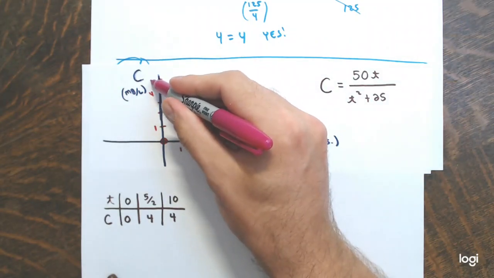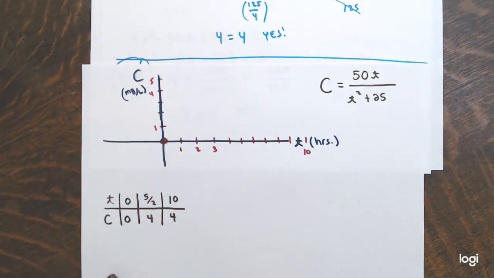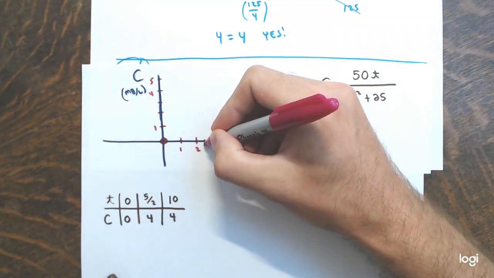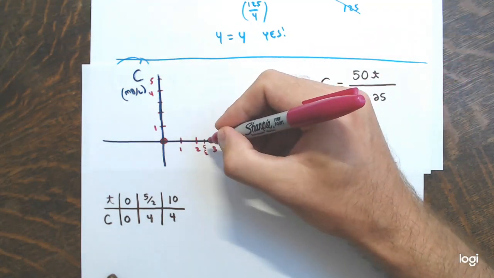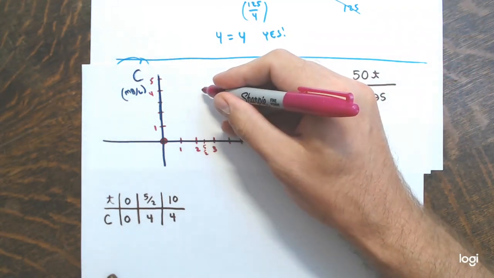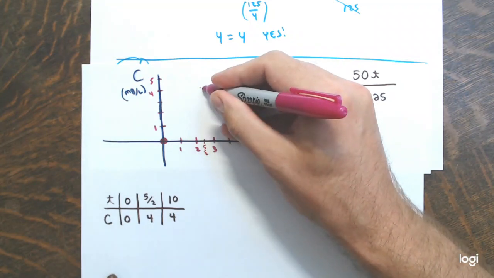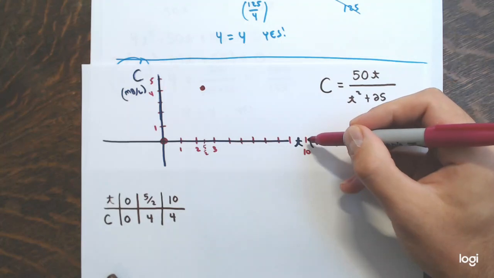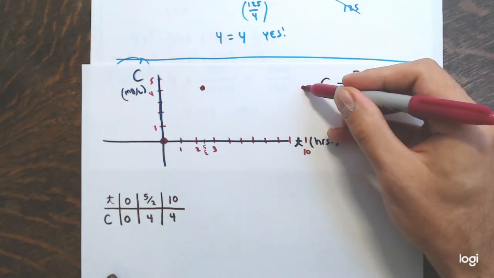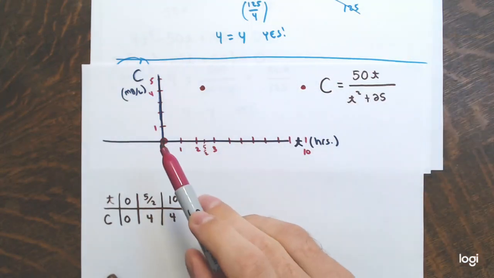It might get higher, but at 2.5, 5 halves is right here between 2 and 3. So at 2.5 hours, the concentration is 4 milligrams per liter. So there's a point on my graph. And then at 10 hours, the concentration is 4 milligrams per liter. And what kind of graph is this?